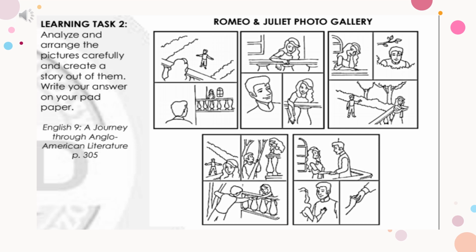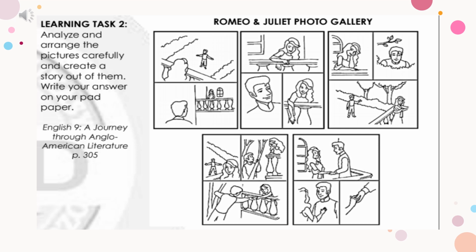And by the time Romeo was in a hurry going back to their place, and before going back, he bought a poison. Then, when he reached the tomb of Juliet, he first had a fight with Juliet's supposed husband, and after it, he approached Juliet's body.